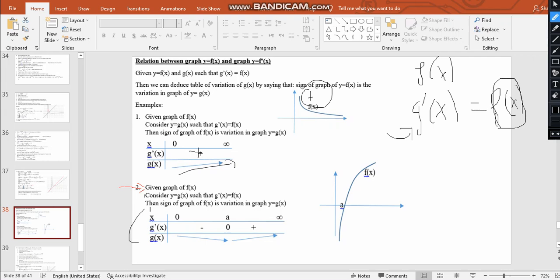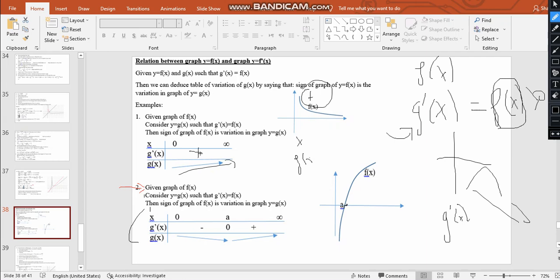If f of x is always negative, g will be decreasing. Why? Because here in the first part f of x is always positive, so g is increasing. If f of x is negative, g is always decreasing. Here you have the table of sign of f of x.